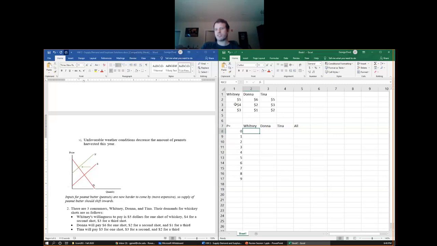Okay. So if the price is 0, Whitney's willing to pay for all 3 shots. Donna's willing to pay for all 3 shots. Tina's willing to pay for all 3 shots. So I should get 3, 3, 3. And the total is the sum of these 3. Does that make sense for how I got those 3?